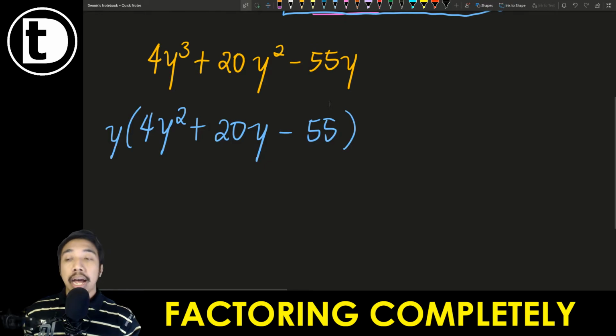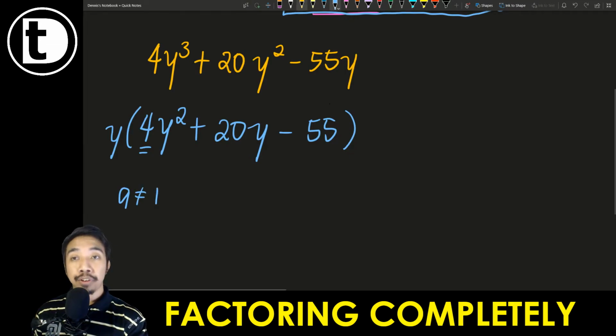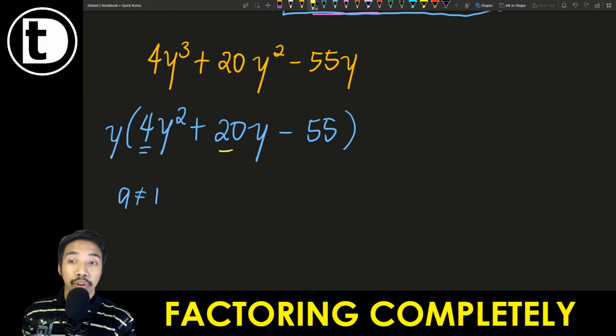if there is a numerical coefficient in the first part of your quadratic expression, when A is not equal to 1, then you have to consider the factors of it.